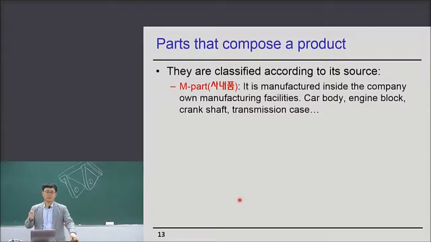If you ask an outside company to manufacture your car body, then sometimes you cannot control the technology or the production plan. So it is essential that Hyundai Motor Company manufacture the car body and engine block inside the company by using its own manufacturing facilities, right? These parts we call M parts.